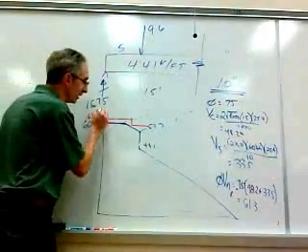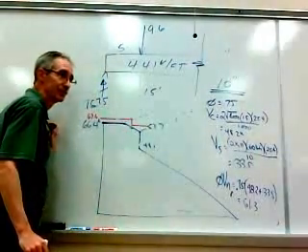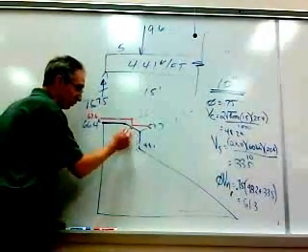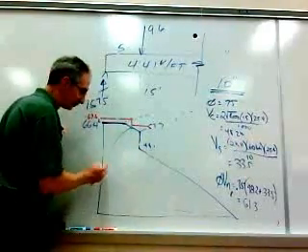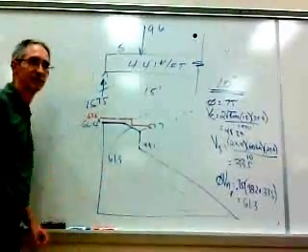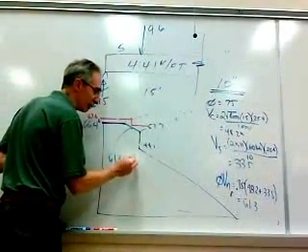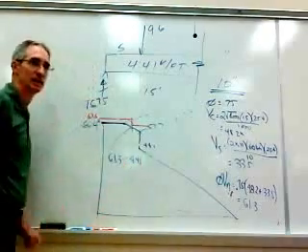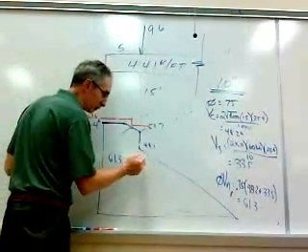How am I going to do that? Straight line formula. Where 61.3 is located, my line's going down 4.41 kips per foot.